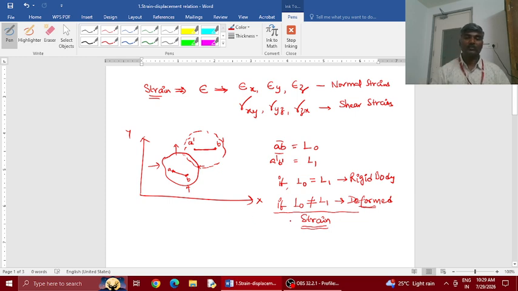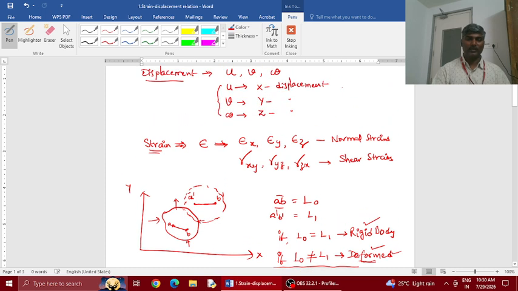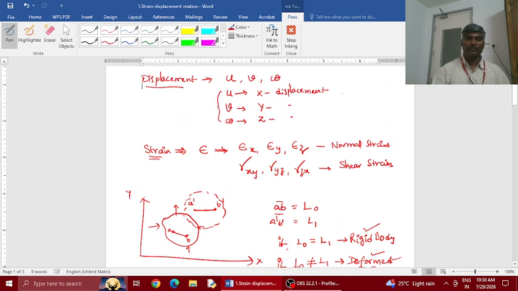So if there is strain, the body would have been deformed. This is the very basic information regarding what is meant by displacement, what is meant by rigid body movement, what is meant by deformable body, and how you get strain in the body.